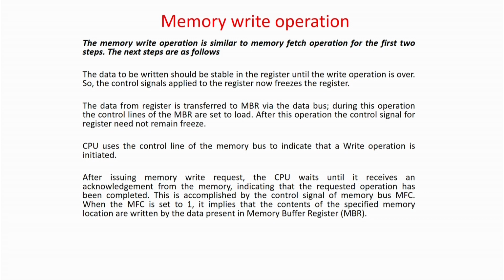First you give the value in the memory buffer register, then you give the memory address, then you say write. Before you give the write signal, your data to be written to the memory has to be stable in the memory buffer register, and then you wait till the memory says memory function complete, that it has already read the value from the memory buffer register. Once the memory starts reading, you have to freeze the memory buffer, and you can release the freeze only after it says that the memory has read from the memory buffer register.